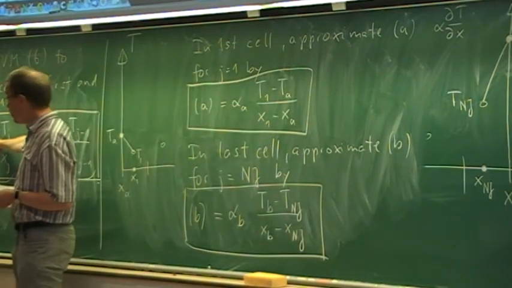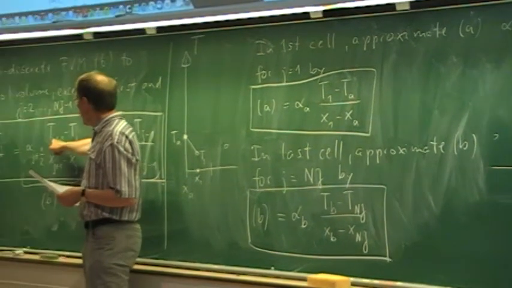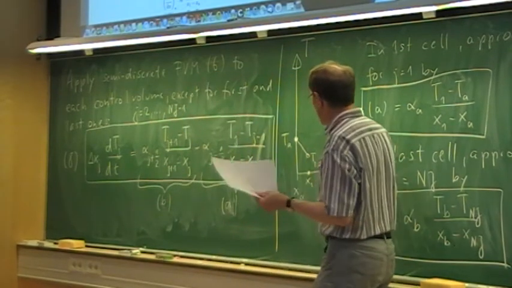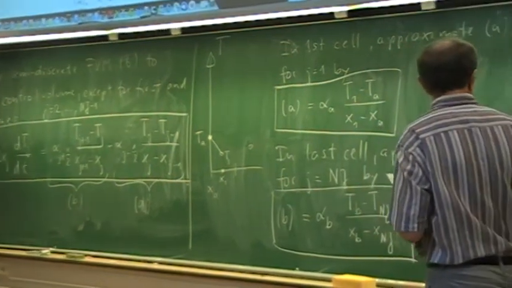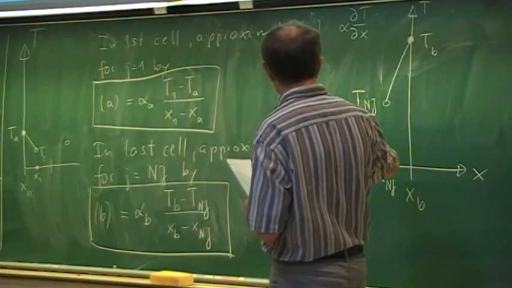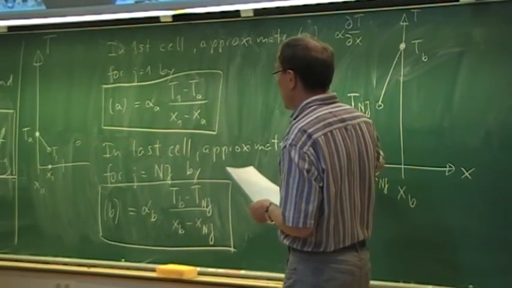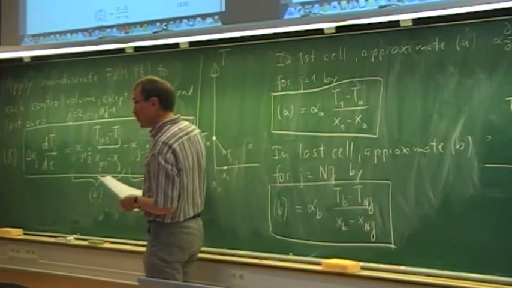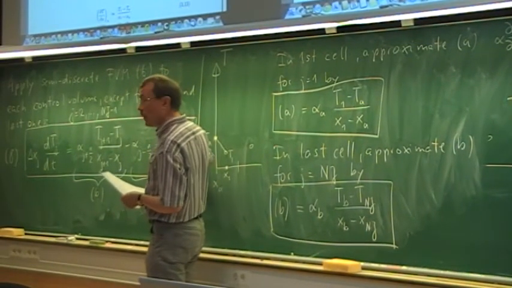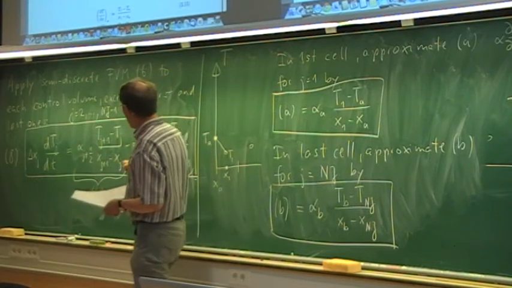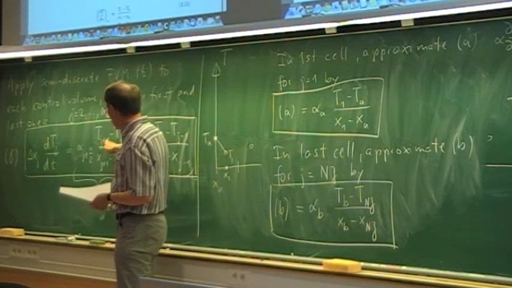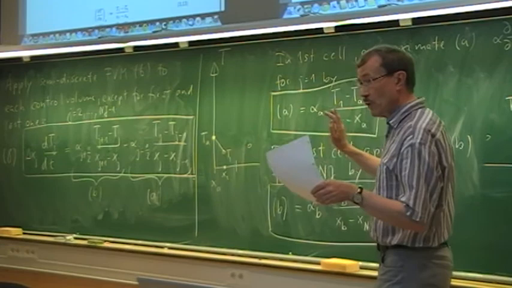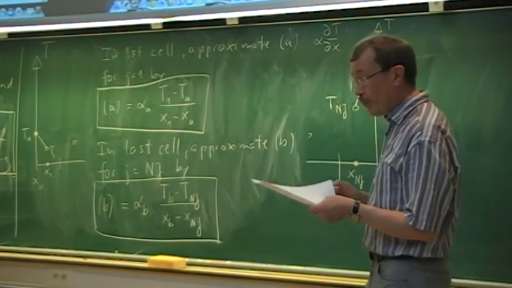This can still be used, because for J equal to 1, we have here T2 minus T1. Both are given, no problem. Likewise at the right boundary, we can still use our approximation at Nj minus 1 off, because we have then Nj and Nj minus 1. That is given, no problem. What we have to do at the last boundary, we have to replace this here by what we derived here. Then we have a complete discretization for the whole domain.